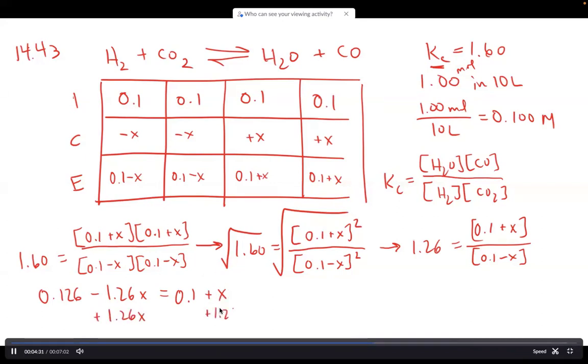I'm going to do both operations at the same time. If I'm putting X on this side, I want to get the numbers on the other side, so I'm going to subtract 0.1 from this side. My final equation is 0.026 equals 2.26X.